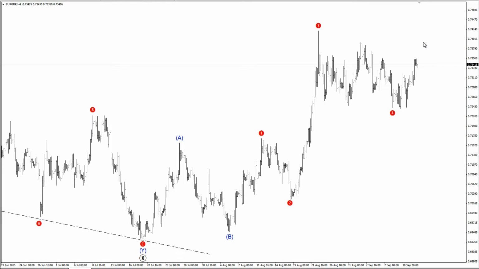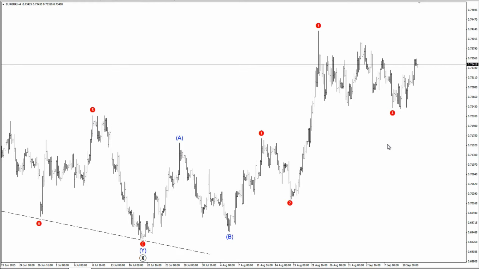But if we would see a push higher, perhaps in the 74.5 levels, this would be a satisfactory conclusion for this very large sideways range and even larger corrective intermediate wave 4.